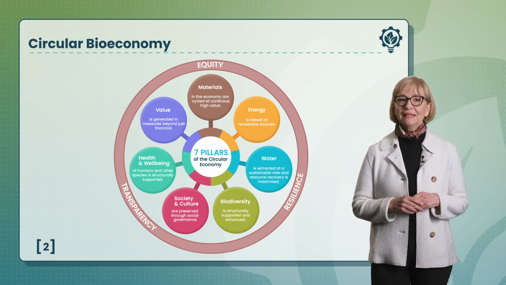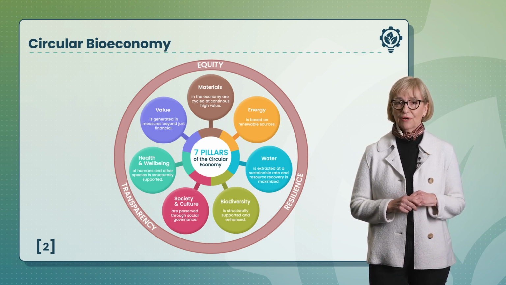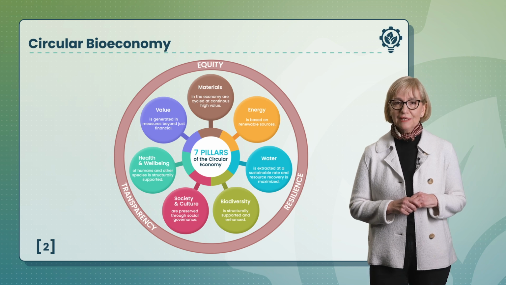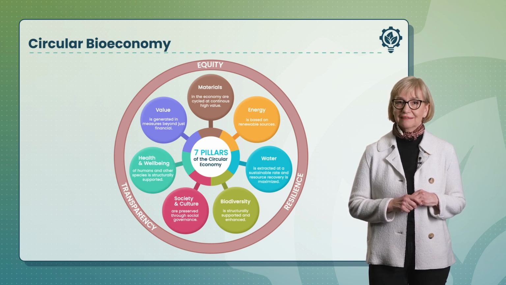Consequently, with so many various definitions, how an organization implements the circular economy framework will strongly depend on how its decision makers or stakeholders interpret the concept and its definition.